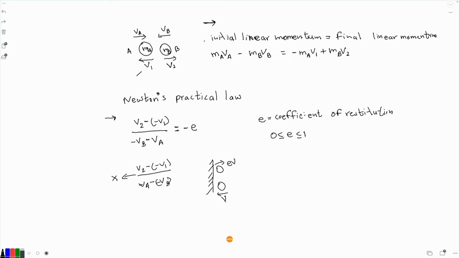If it collides with velocity v, it's repelled with velocity ev. Simply remember that. The wall must be a stationary thing. If a sphere collides with a stationary thing with velocity v, then it is going to repel with velocity ev. It is also a necessary point to solve problems.